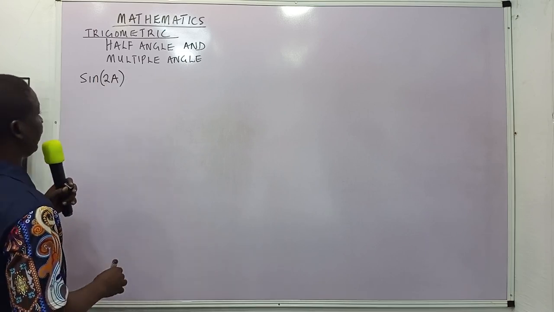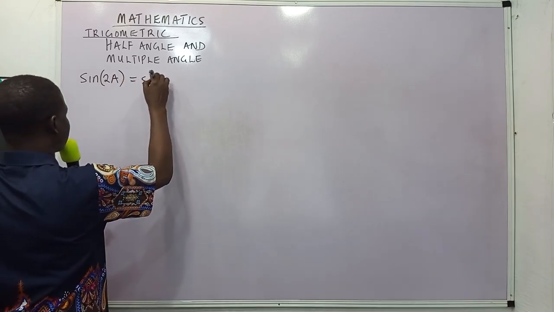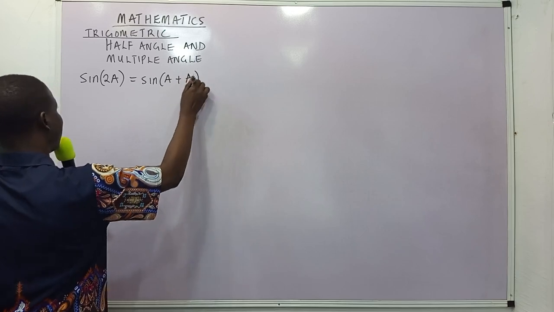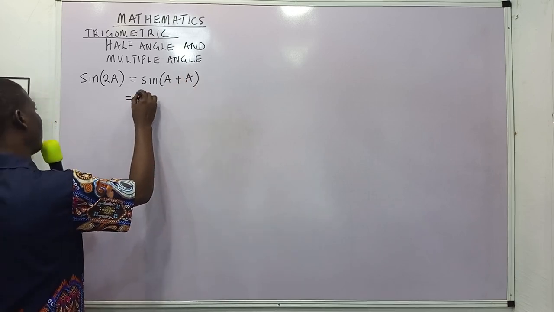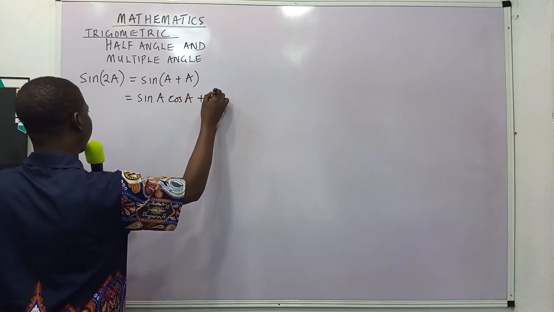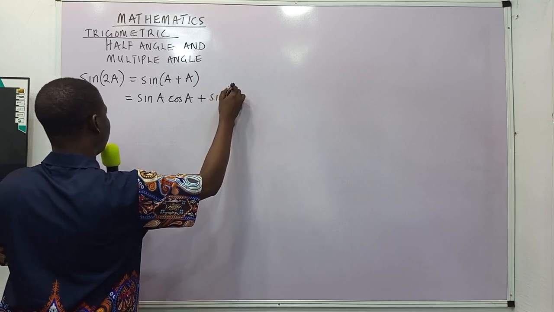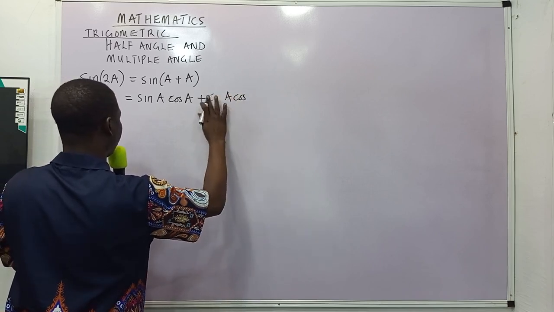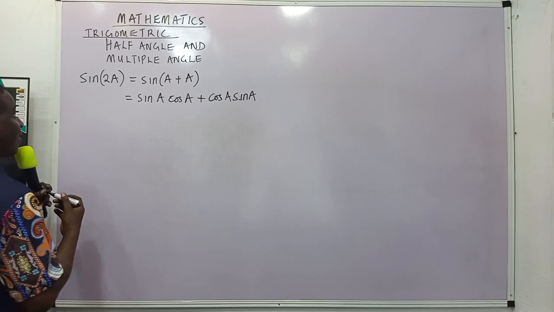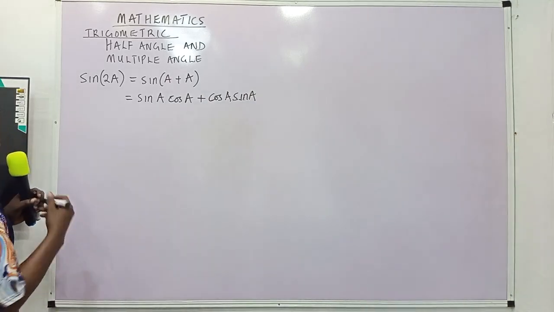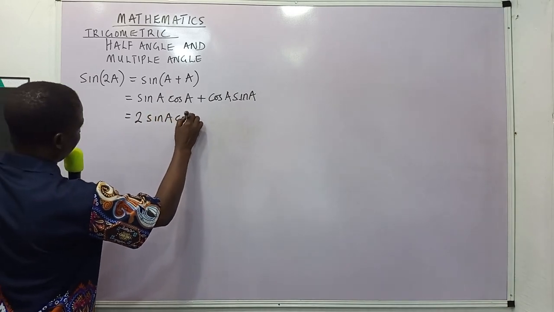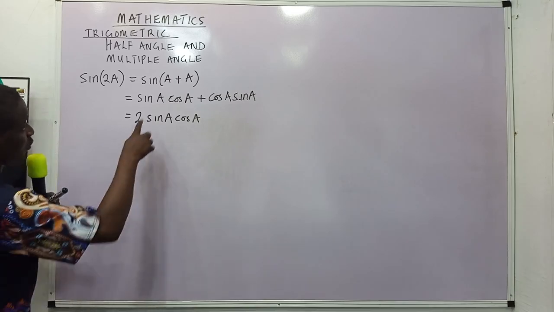Now, what is sine 2A? Sine 2A is just like sine A plus A. That's what it means. And if you work it out, you're going to have sine A cos A plus sine A cos A. Now, class, you will believe that this is the same thing as 2 sine A cos A. So please take note of that because they are the same thing.